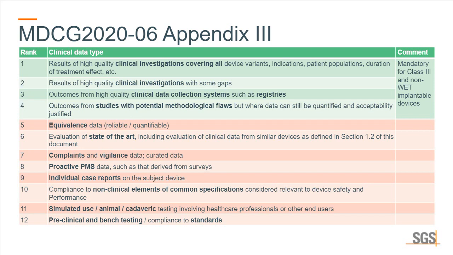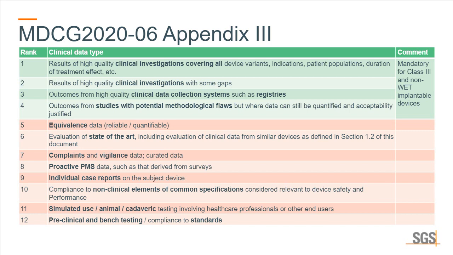And you will see that the first 4 types, so overall there's a dozen different types, are suitable to be used for class 3 and non-well-established implantable devices. So if you have any such devices, then you must have under the MDD at least one such clinical data supporting your clinical evaluation report.